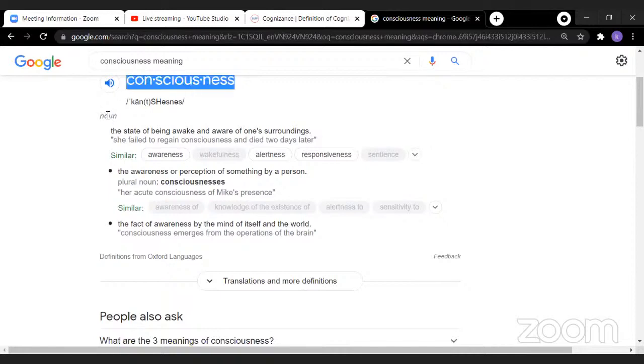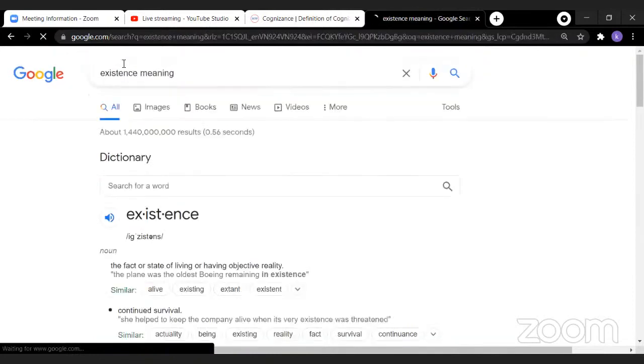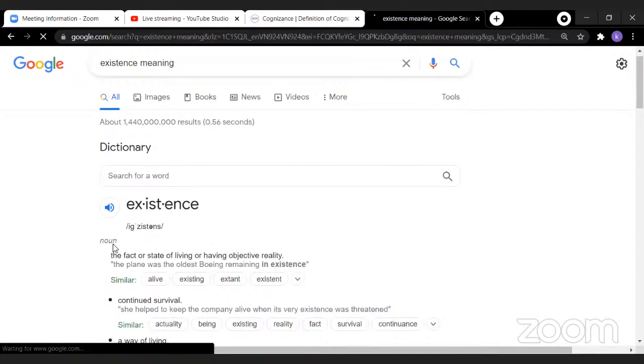Consciousness is a noun. The state of being awake or aware of one's surroundings. The awareness or perception of something by a person. The fact of awareness by the mind of itself and the world. Existence. Y'all see existence?